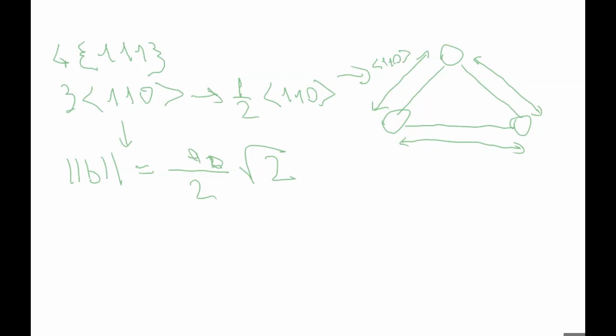And the Burgers vector in FCC is always 1/2<110>, like the perfect edge dislocation and the screw dislocation. Let me draw another thing. FCC consists of a bunch of {111} planes, so let's continue with drawing {111} planes.